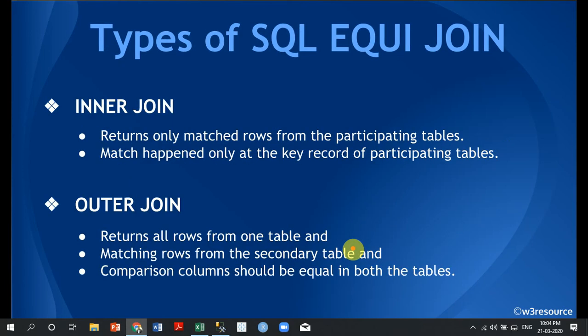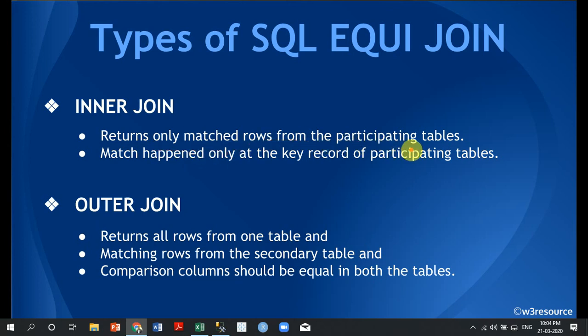Now talking about the types of equijoins. With an equijoin, we can test the equality and we can join two tables with the help of inner join and outer join. Now let's discuss what inner join means. It returns only matched rows from the participating tables.